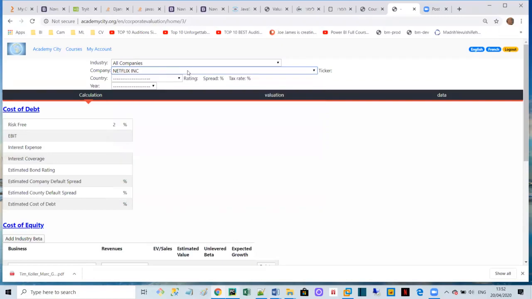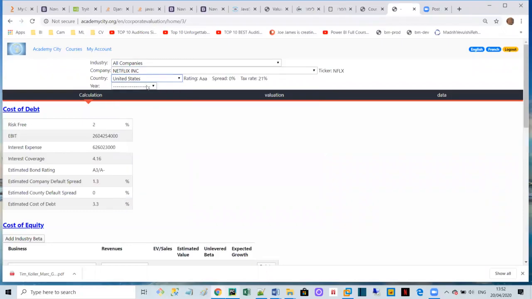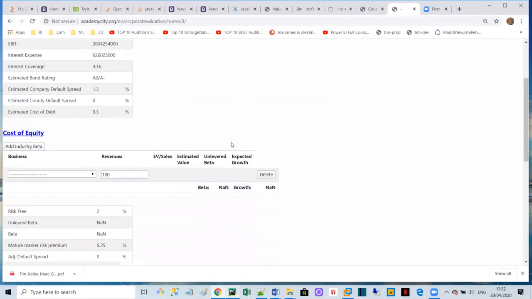Here we go. You see it's showing me the ticker, and then it's operating in United States. So I'm choosing United States, and I want to do evaluation for 2019.